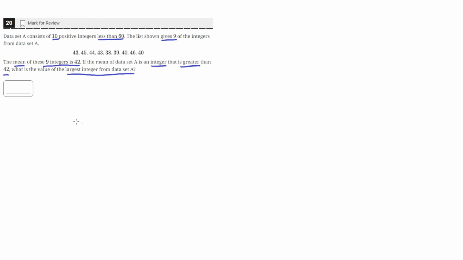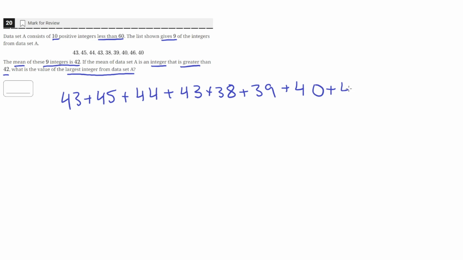So to find the mean of this dataset, we just add up all the terms: 43 plus 45 plus 44 plus 43 plus 38 plus 39 plus 40 plus 46 plus 40.